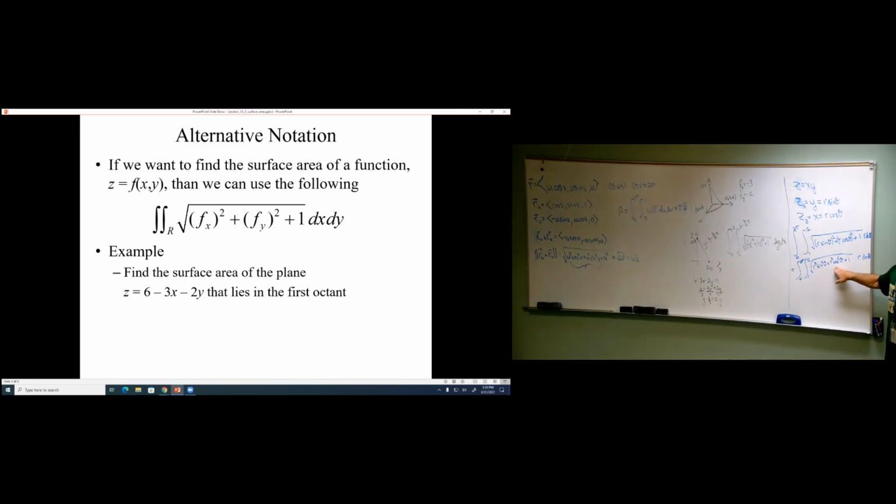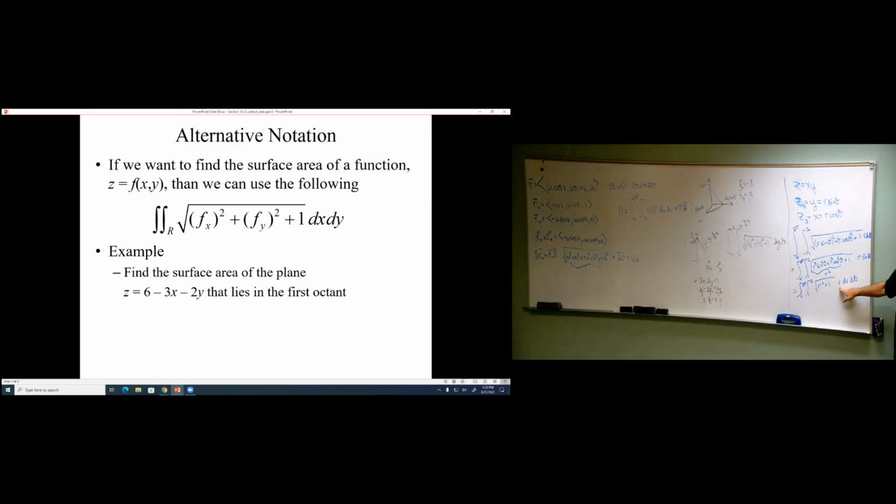Sine squared plus cosine squared is 1, so this whole thing here is just r squared. So we're going to end up with the square root of r squared plus 1, r dr d theta.